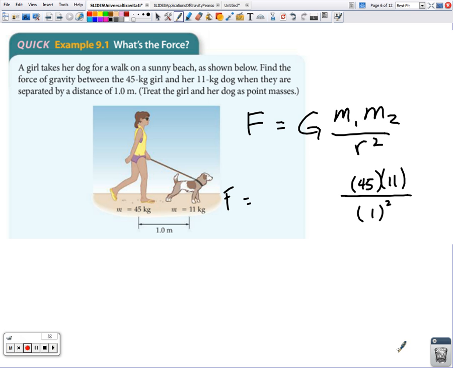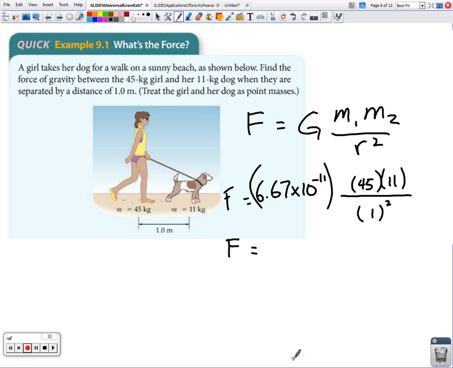But then the one factor that is included in every one of these calculations is this G factor, the universal gravitation constant. Because it is a constant value, it never changes, regardless of what the two objects are that we're trying to calculate the force of gravity between. So now we have all the things that we need.